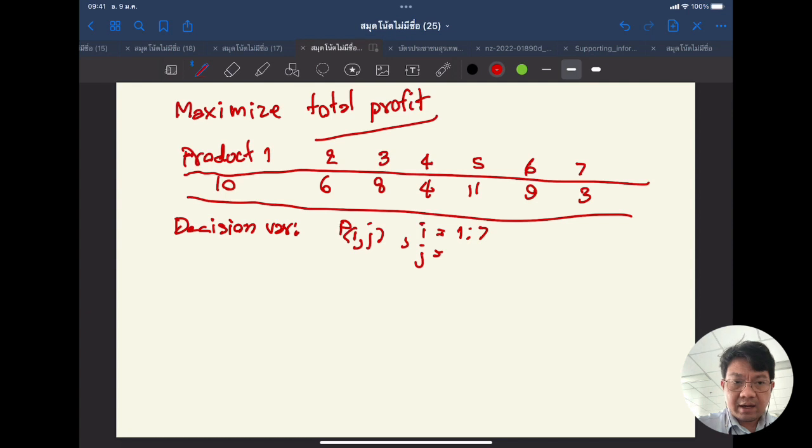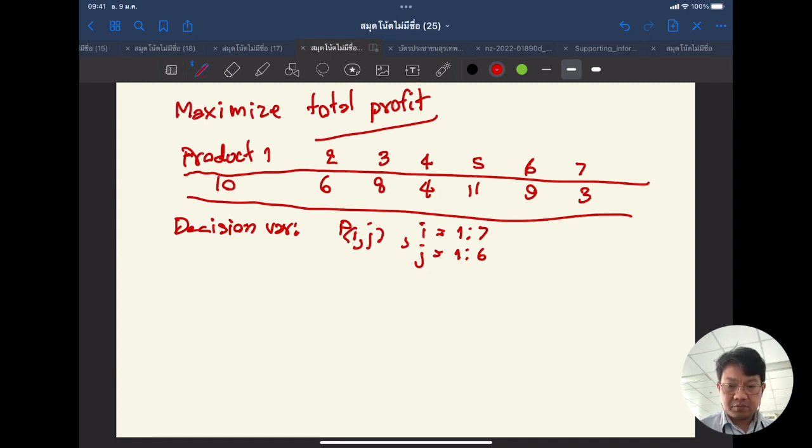So we have a matrix P, which is 7 by 6. Totally, this variable consists of 42 variables.